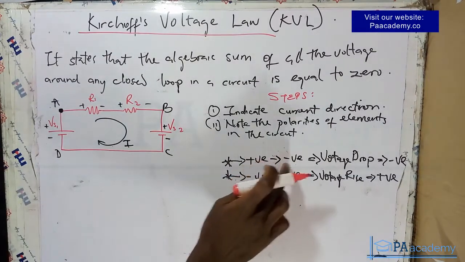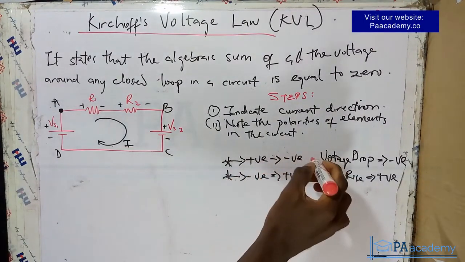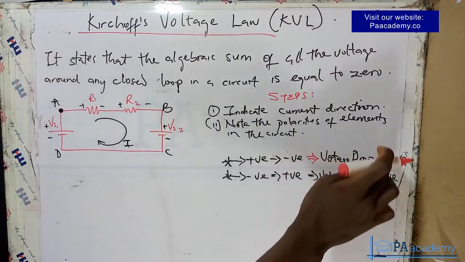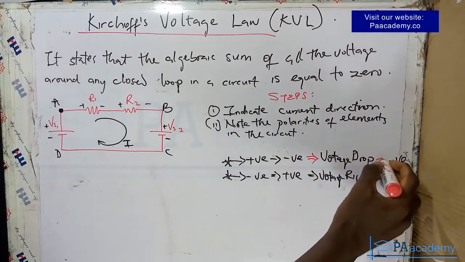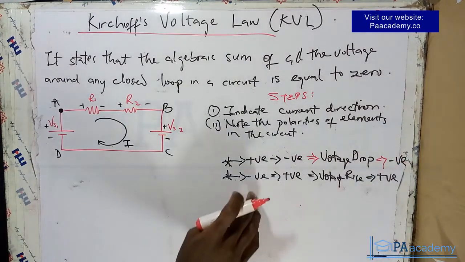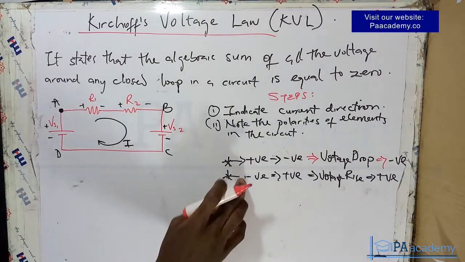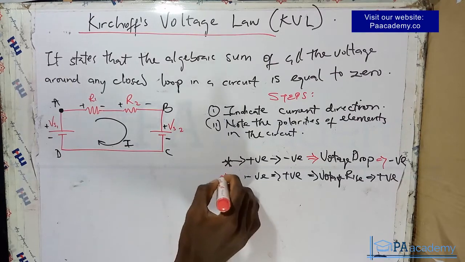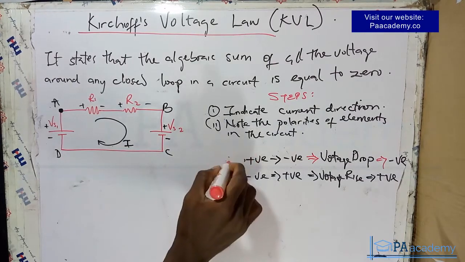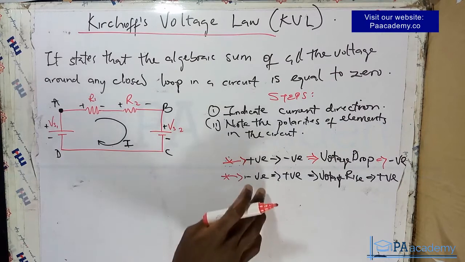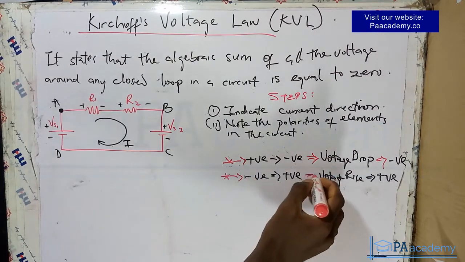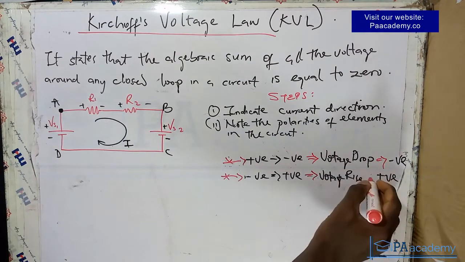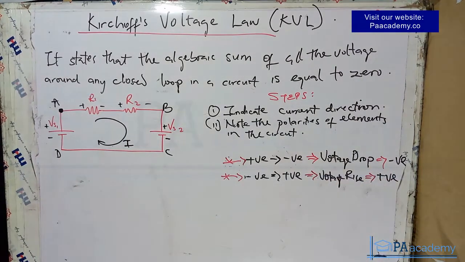So from positive to negative, we consider it a voltage drop, and that will be negative. From negative to positive, we consider it a voltage rise, and that will be a positive value.